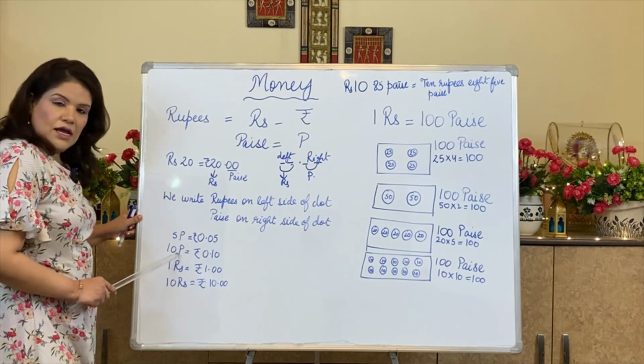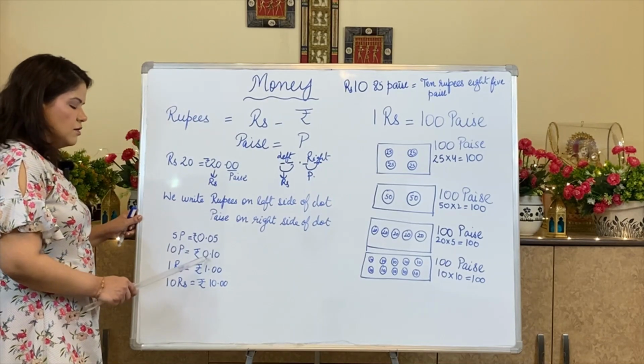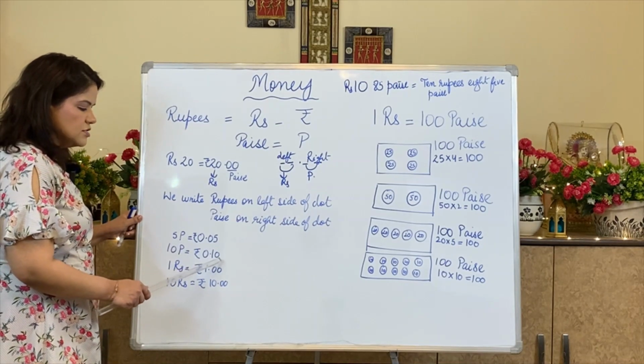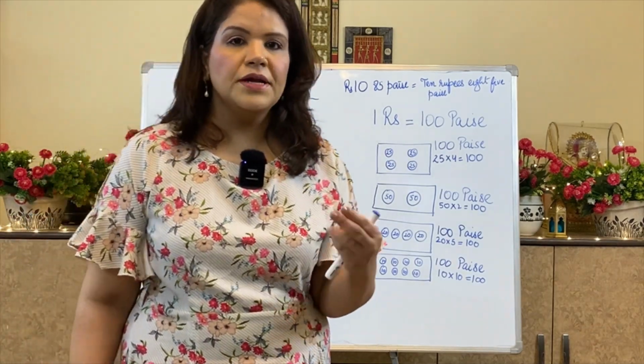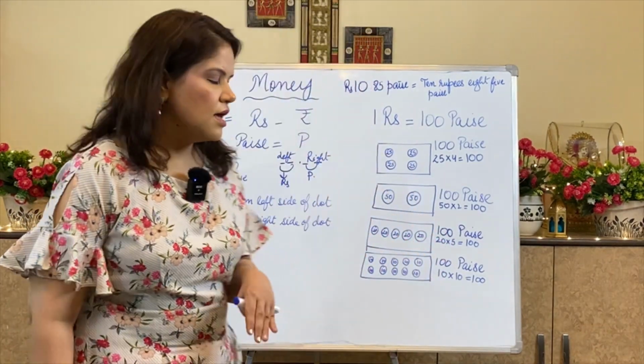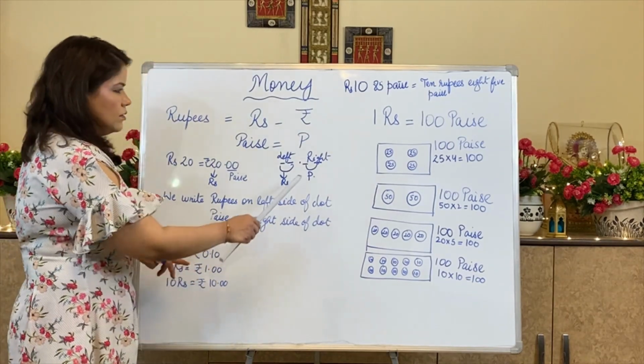If I am writing 10 paise, then I will write 0.10, because now paise is in 2 digits. So we will take both the digits into account, and both the digits will be on the right side of the dot.